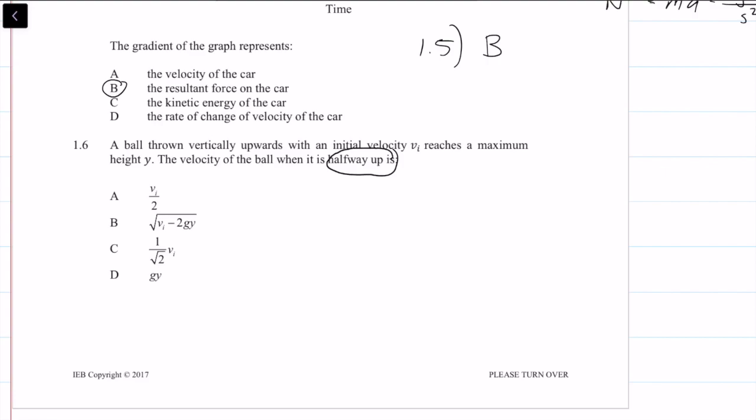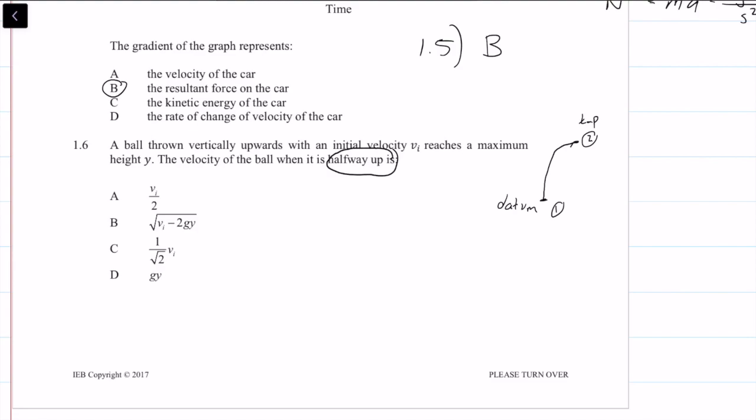So the motion of the ball is basically something like that, right? Here is the datum point, or the starting point, or the reference point, and this is the top, where the velocity is 0. I'm looking between points 1, the datum, and the top, 2.